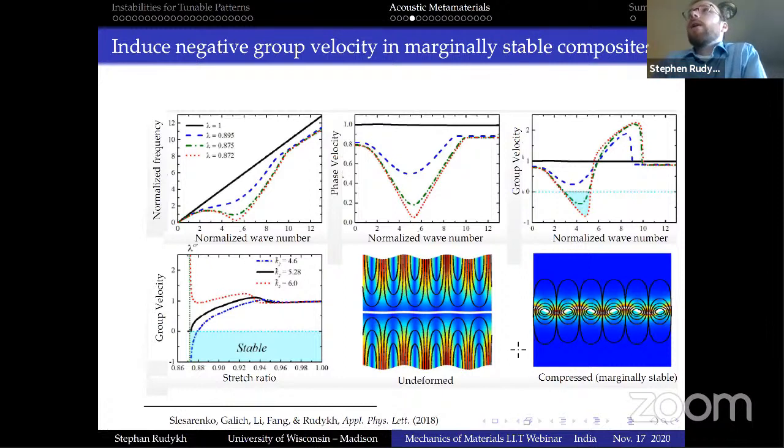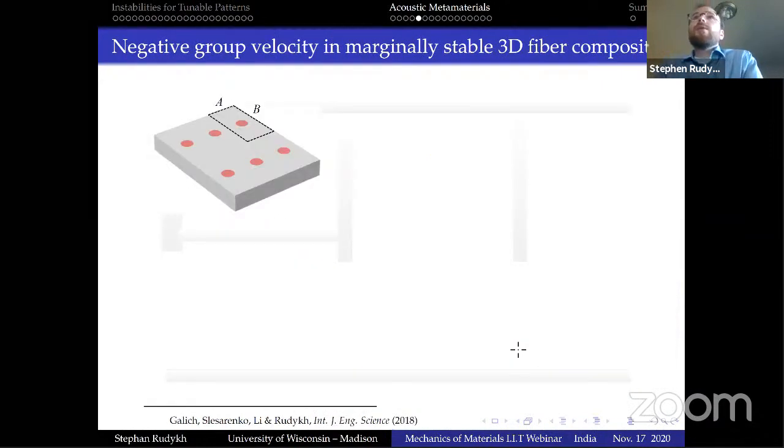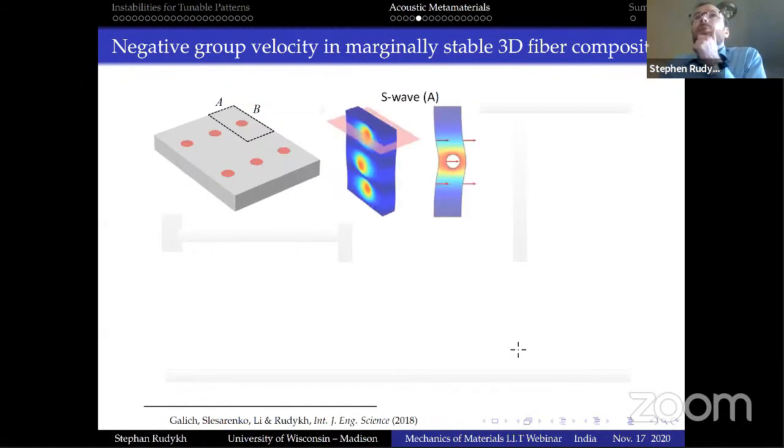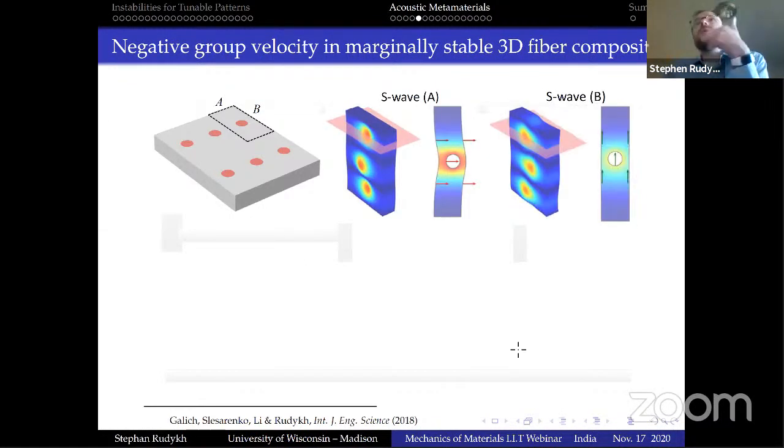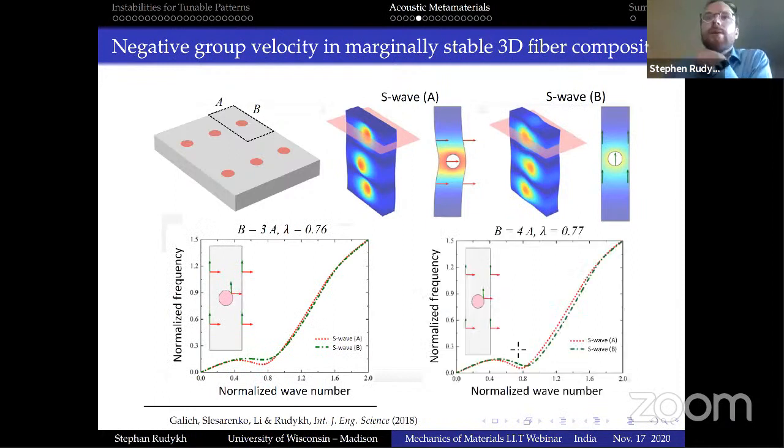This is universal: of course it is one example of the laminate, but it is a universal behavior for any material that is brought close to instability. To illustrate this point, you also have this in a 3D fiber composite. Of course, it's a little bit more complicated, but you also have similar behavior when going to instability. There are two branches that we consider, shear waves in 3D.